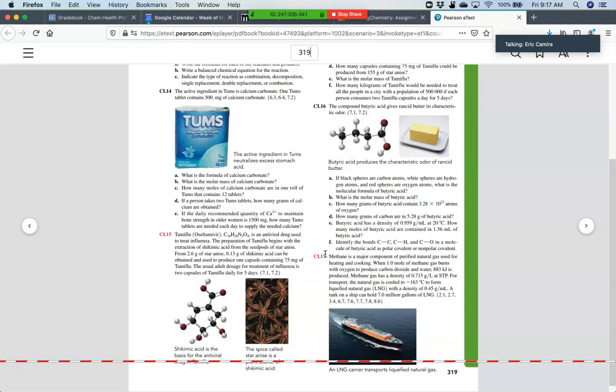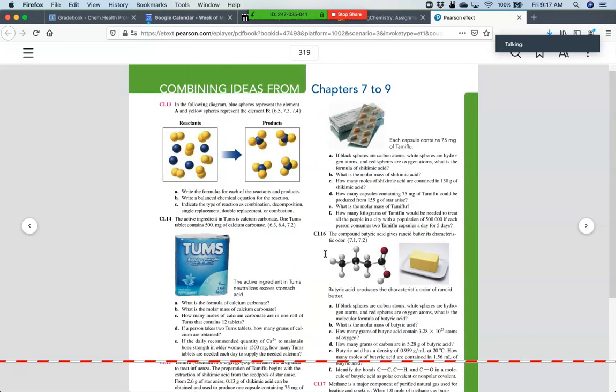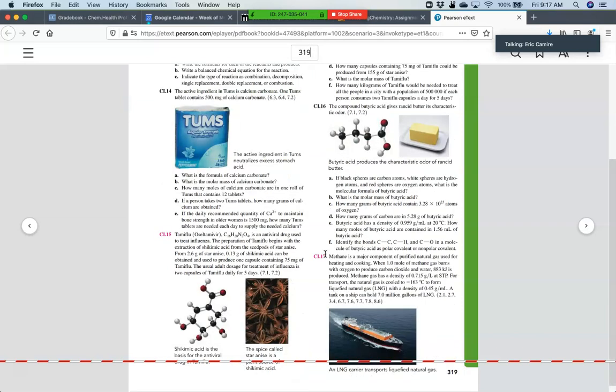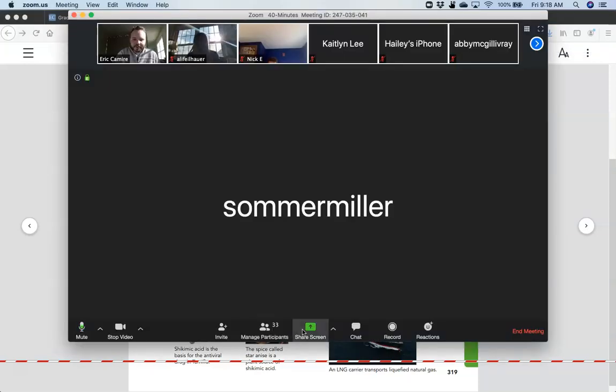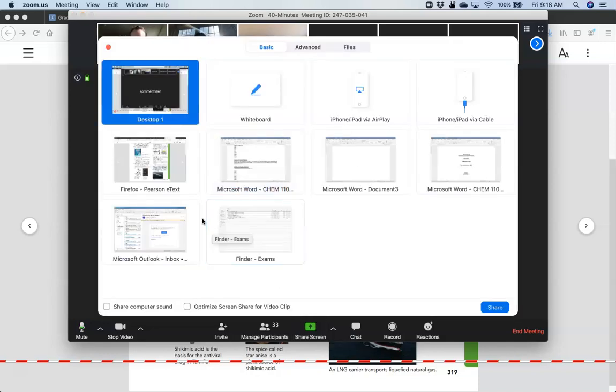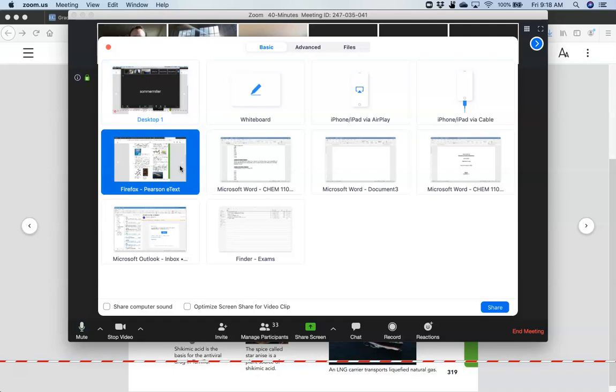I think I got a good one here. Let me just read through the whole thing. How about this? This way you guys can look at the exact same problem and I don't have to write everything out. I'm going to share my screen, but if you have your book, I'd recommend opening it up to page 319.